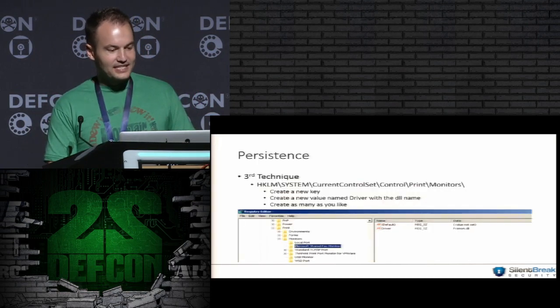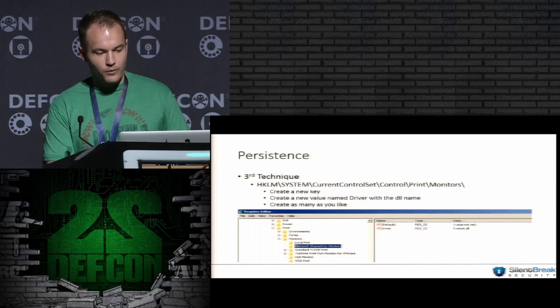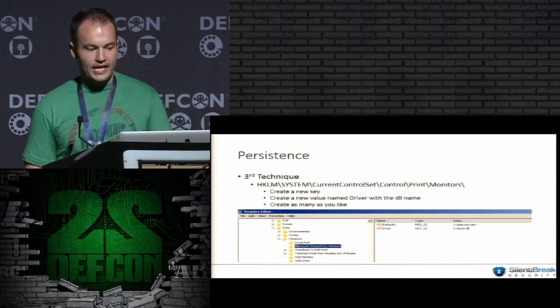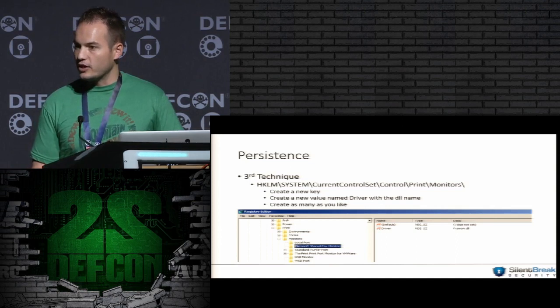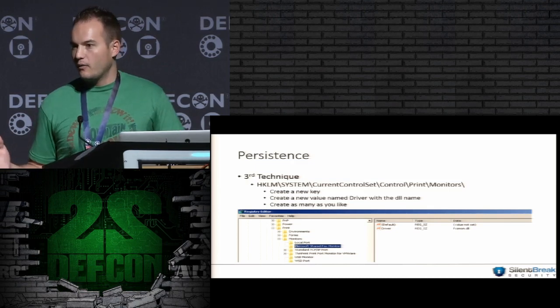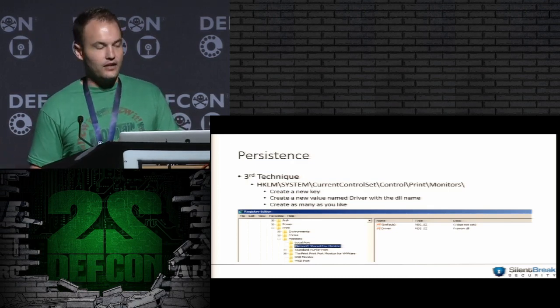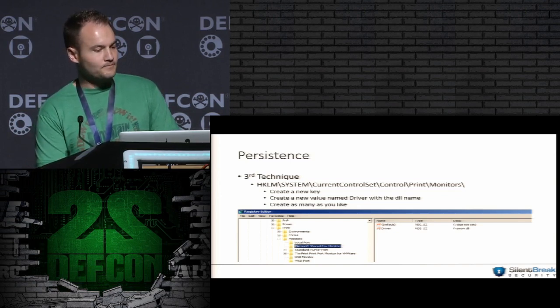The best is this one, and this is to create persistence in Windows. All you need to do is create a new key at that registry key that I've specified, and then a value within that key named Driver. And the value of Driver is just the DLL that you want to get loaded. You drop the DLL into Windows System32, and at boot, Windows will load that DLL within the print spooler service.